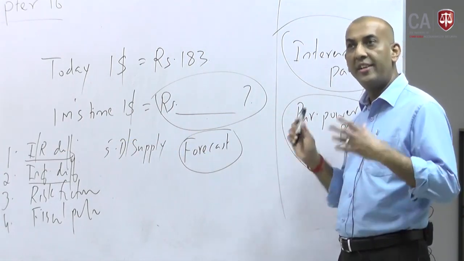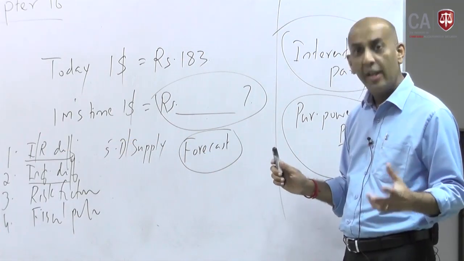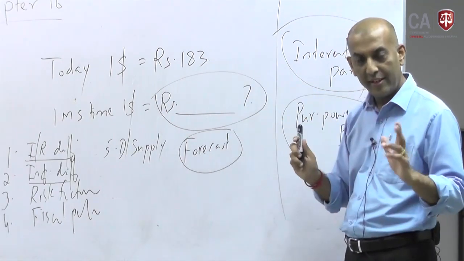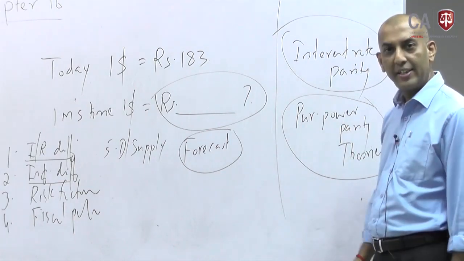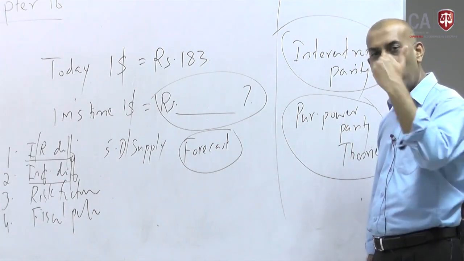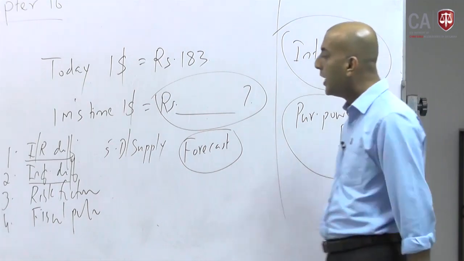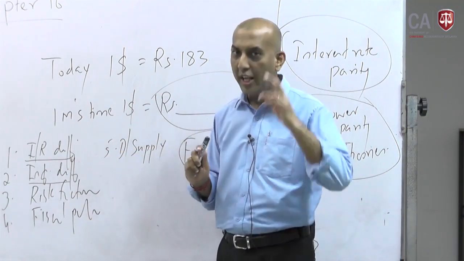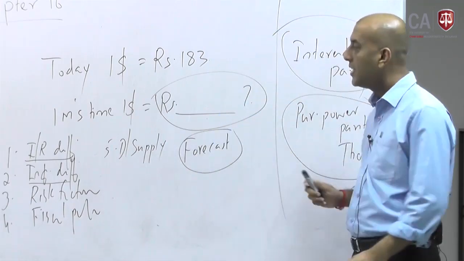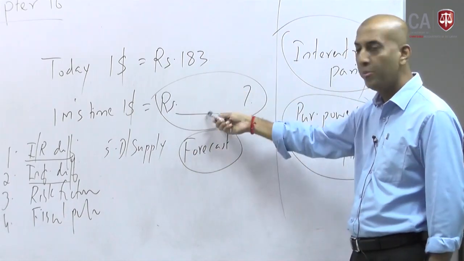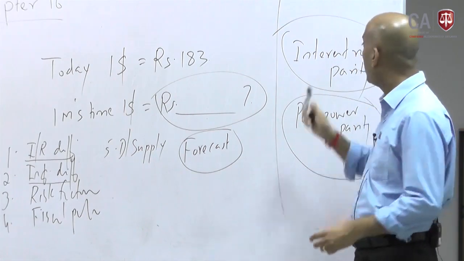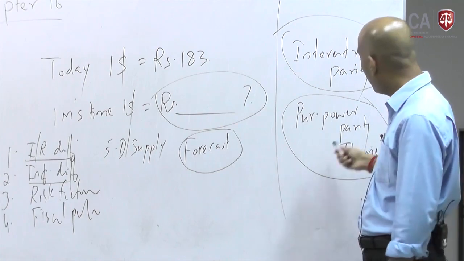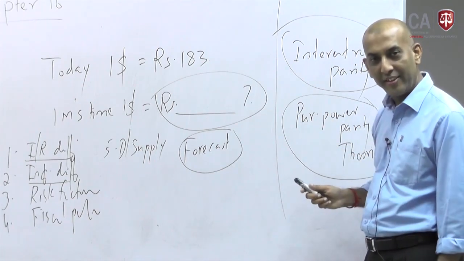Sri Lanka and US interest rates are two different rates. Because of that, today's exchange rate and future exchange rate differ. Purchasing power parity says today's exchange rate and tomorrow's exchange rate are different because inflation of two countries are different. So these are two theories which tell why today's rate is different to tomorrow's exchange rate. Interest rate parity says interest rate is the reason, two countries' interest rates. Purchasing power says because of inflation.